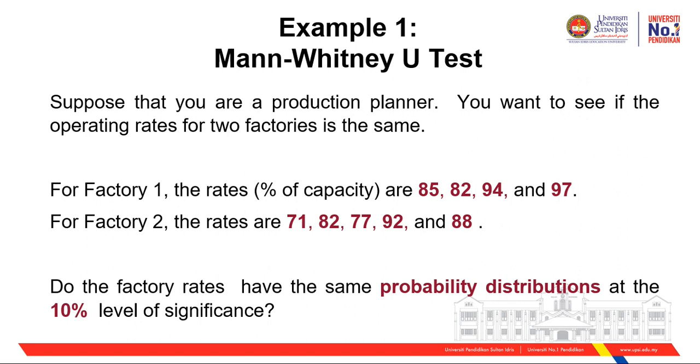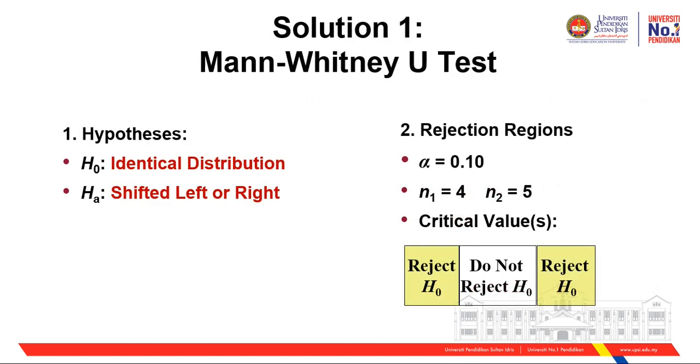So let's look at how to solve this question. First things first, you identify it as a two-tailed test. Your alternative hypothesis is either you write down a shift to the left or right, or you may write down non-identical distribution, or you may also write it in terms of D1 or D2.